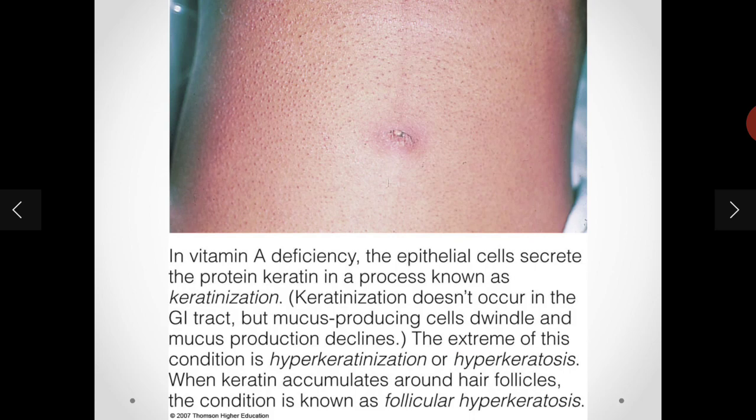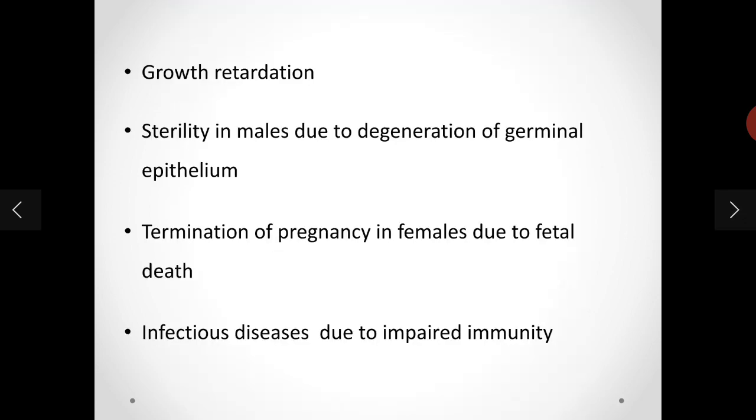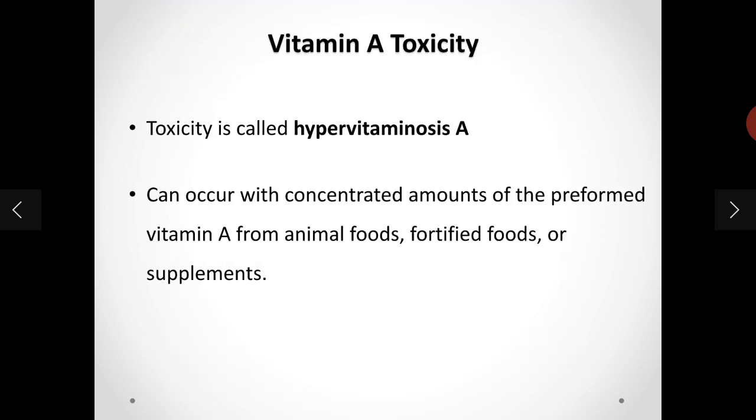So this is the picture showing the keratinization or hyperkeratosis. And the other manifestations: growth retardation, sterility in males due to degeneration of germinal epithelium, termination of pregnancy in females, and infectious diseases due to impaired immunity.